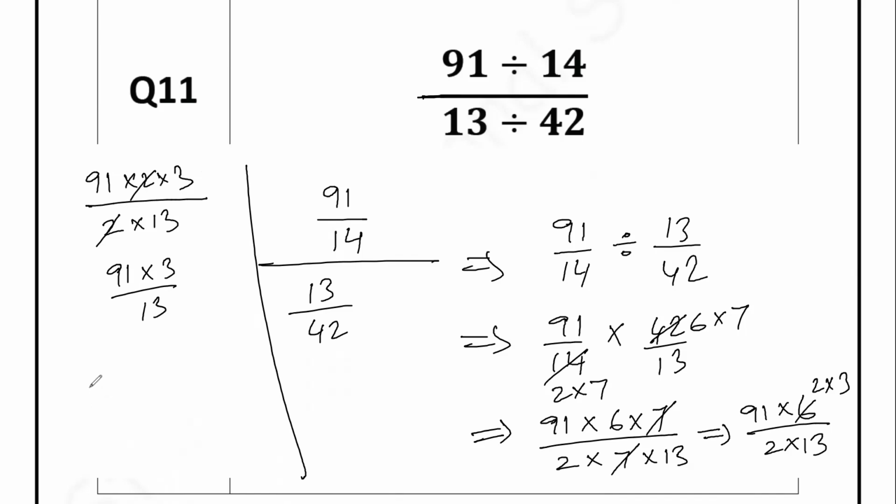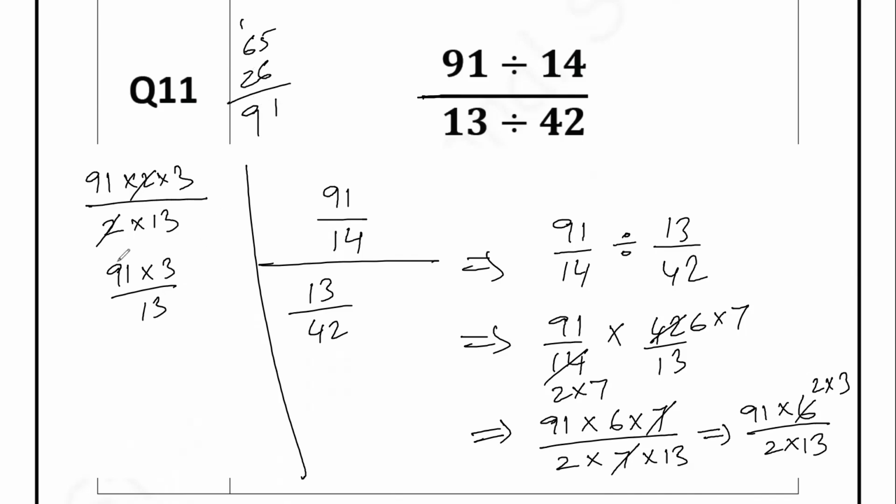Then 91 and 13, we know that 13 times 7 is 91. But how do we figure out that 91 is a multiple of something? This is a difficult one. You would probably want to know your table of 13 to cancel this out, because I know that 13 fives are 65, 13 twos are 26, and therefore I get 91.